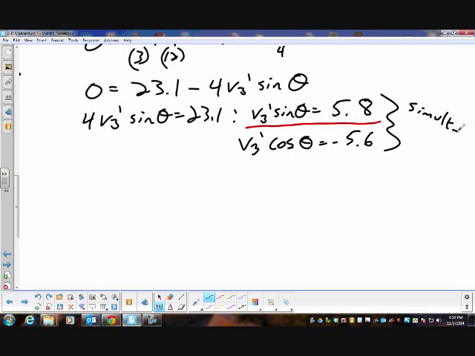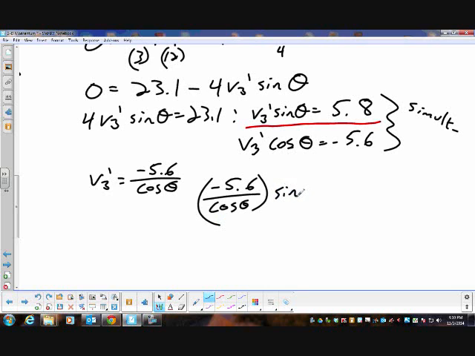I think I'm going to say V3 prime is equal to negative 5.6 divided by cosine theta. And then I'm going to plug that in, and I'm going to say negative 5.6 over cosine theta times sine theta is equal to 5.8.